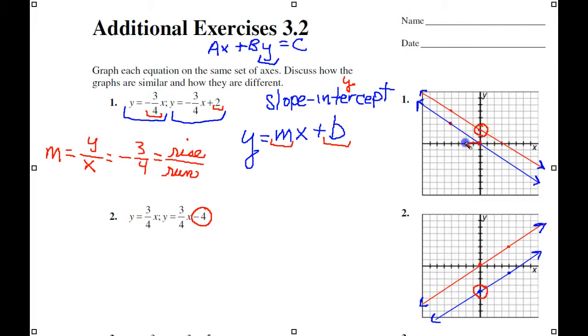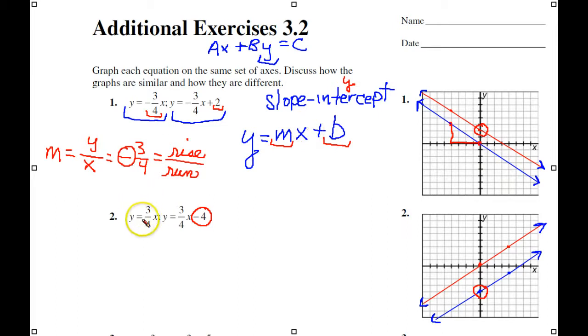And that's what I'm going to do to graph this. And I'm doing the same thing here. Over 4 up 3. Now, whenever I have negative slope, and we're doing a little review here as well, the line will start high, and then as I go through the graph, it'll go down. This is negative slope.